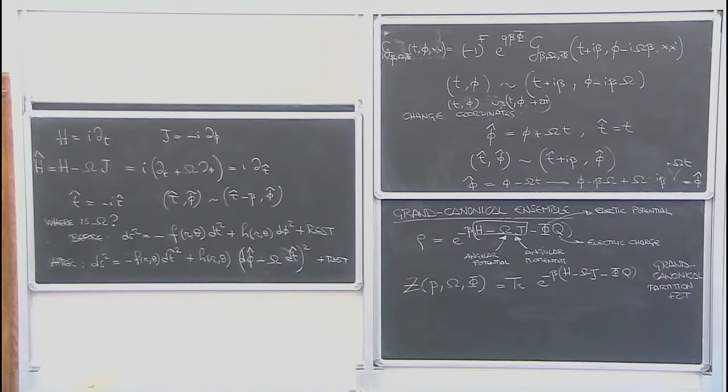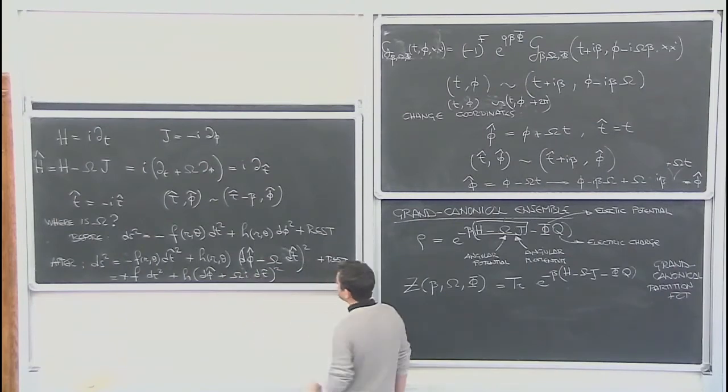And this is still t hat. I would now like to continue the space-time to imaginary time, so that this becomes plus. So this is the same as plus f d tau squared plus h d phi hat. Now t hat is minus i tau hat. So I have plus omega i d tau hat squared.